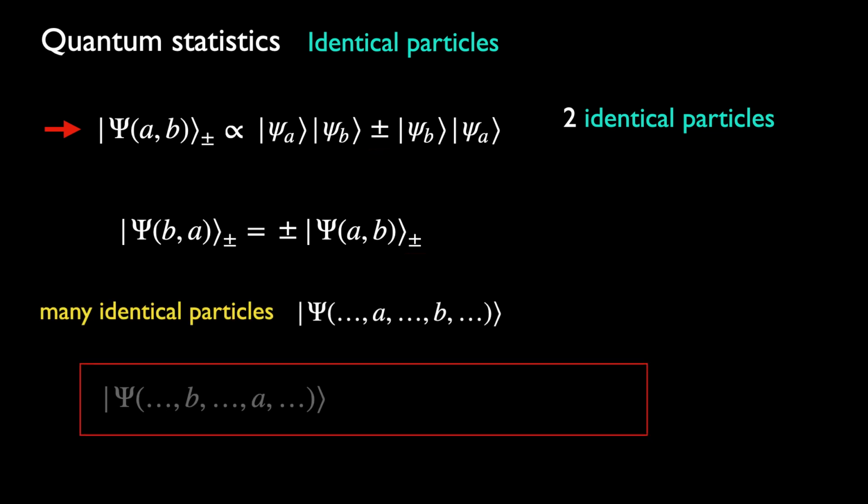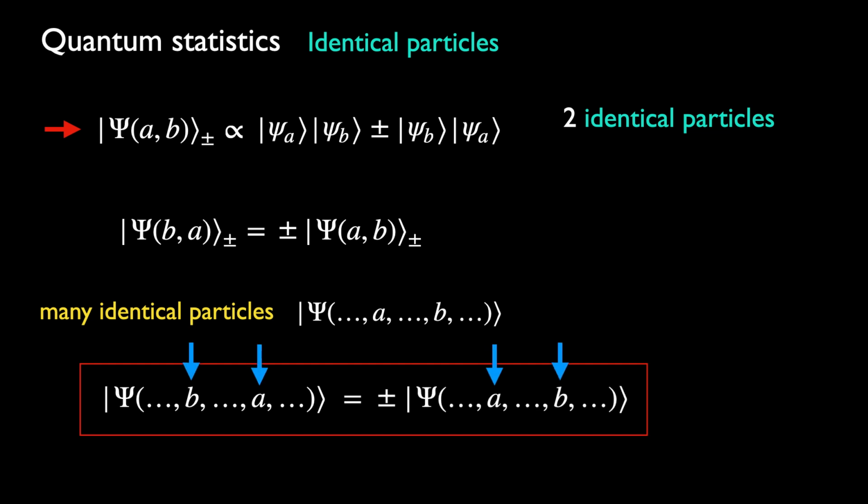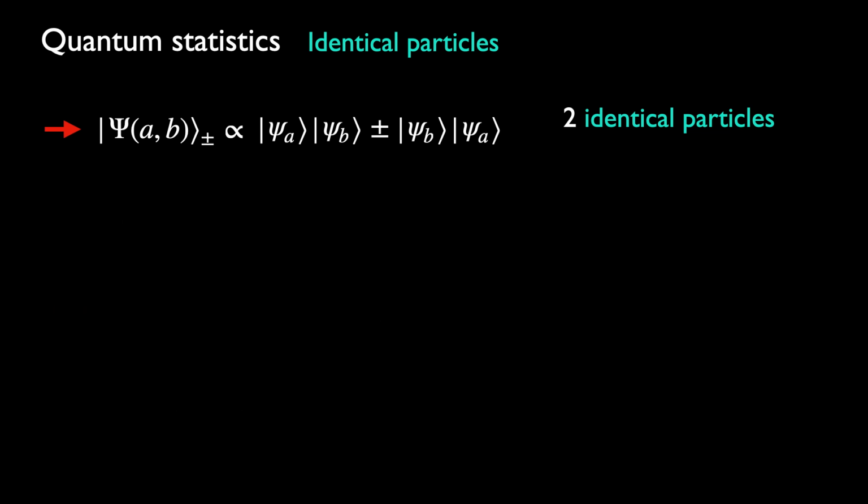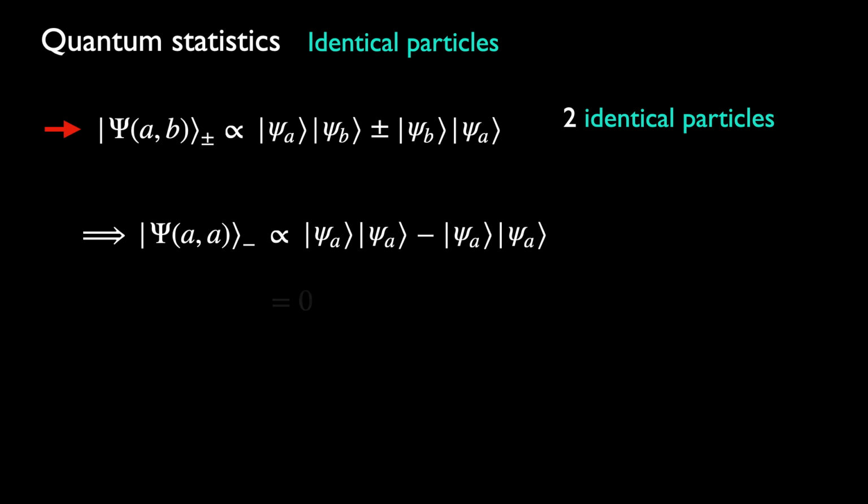Whenever we consider switching the states of any two particles, the same argument follows true. We notice something striking for the case with the minus sign. Whenever the two particles are in the same state, for example, state psi A, this two-particle state is 0, which means it is invalid as a quantum state, since it cannot be normalized in any way.